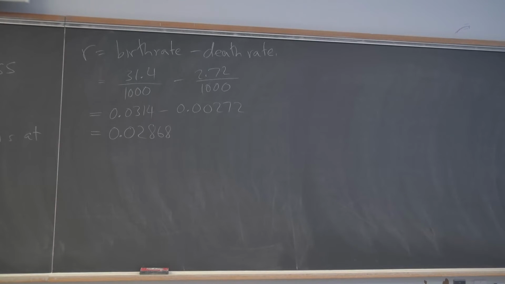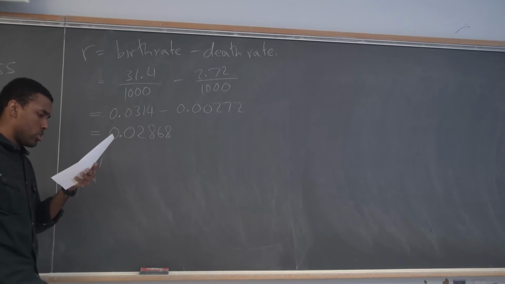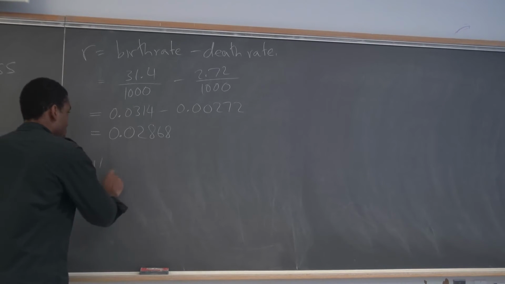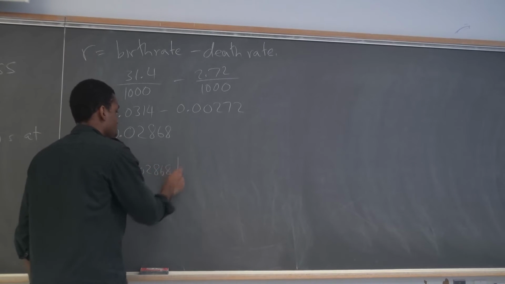In the case where you're given birth rate and death rate, you just subtract the death rate from the birth rate, and that tells you how the population is growing. So in other words, here, n prime is equal to 0.02868 n.